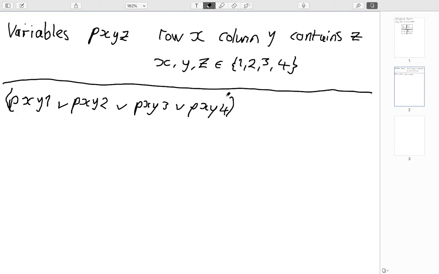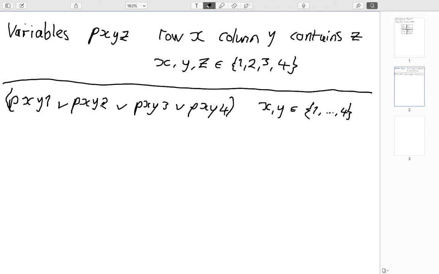So we include such a clause for any pair x y taken from the set of possible rows and columns, so taken from the set 1 to 4. Right, so that's altogether 16 clauses we've added so far, one for each cell. And each clause has 4 literals in it, positive literals consisting of the propositional variables.